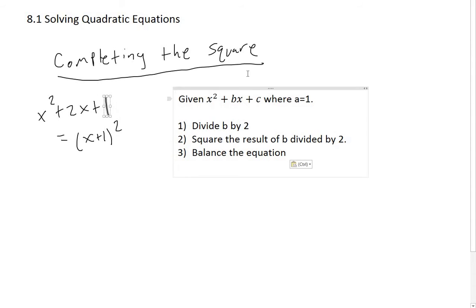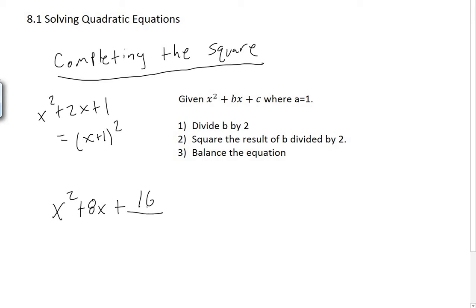It's not really an enlightening example. But if I go back to the x squared plus 8x example, what number completes the square here? What number makes this a perfect square trinomial? Well, if I take 8 and divide it by 2, I get 4, and 4 squared gives me 16.